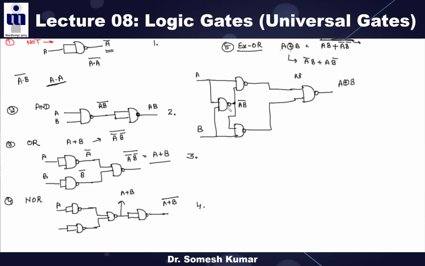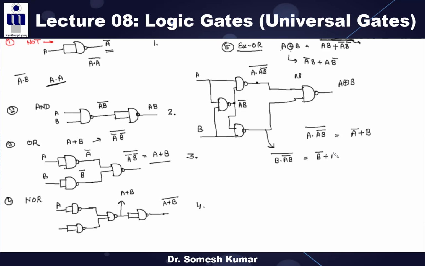AB whole bar. And what is the output here? A dot AB whole bar, complete bar. Now, what is this? B, and what is the output here?